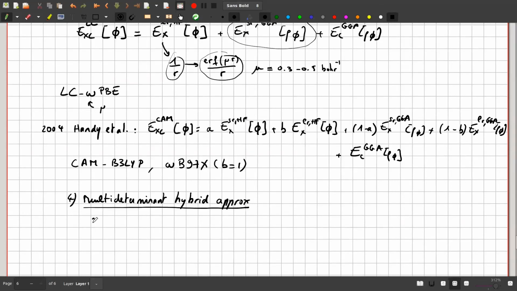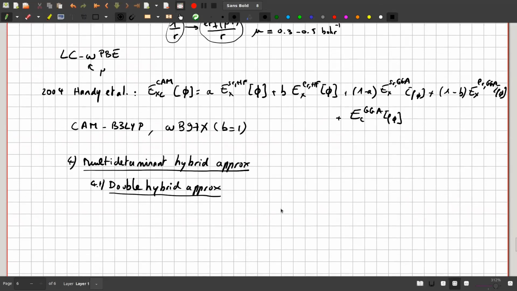And first, the so-called double hybrid approximations. This family of approximations was proposed by Grimme in 2006, and I will call them two-parameter double hybrids, like this.